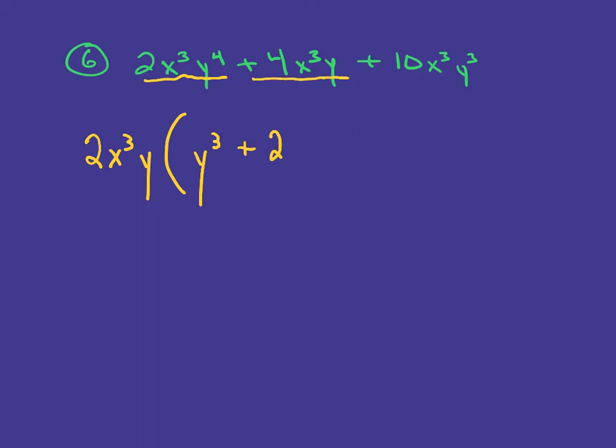We took out all 3 x's, so no x's left, and we took out a y, so no y's left. Moving on to the last one, 10 divided by the 2 that we took out. 10 divided by 2 is 5. We took out all 3 x's, we took out 1 y, so it leaves y squared.